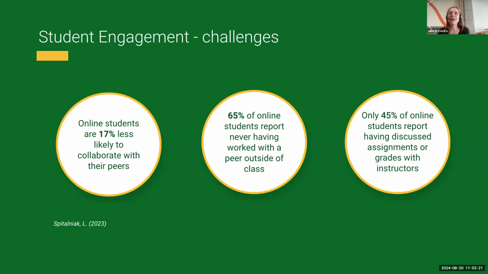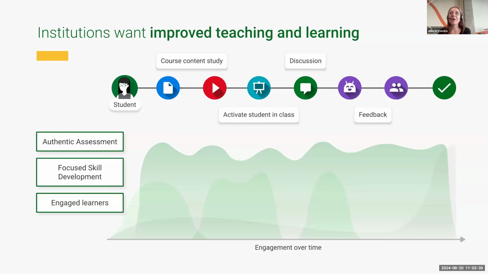And obviously, we would like to change that and make sure that students have more opportunity to collaborate. And last but not least, we also know that some students also report having discussed assignments or grades with instructors in very limited capacity. So with all of these challenges, I really want to make sure that students have opportunities to collaborate, interact with others, and of course, discuss topics at hand.